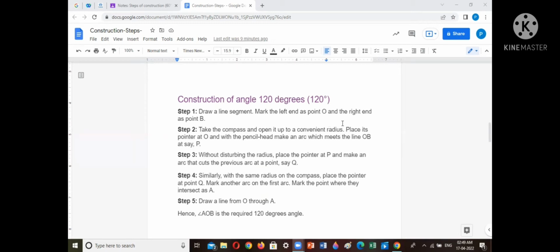Place its pointer at O and with the pencil head make an arc which meets the line OB at say P. Step 3 is that without disturbing the radius, place the pointer at P and make an arc that cuts the previous arc at a point, say Q. Similarly, with the same radius on the compass, place the pointer at point Q, mark another arc on the first arc, mark the point where they intersect as A, and draw a line from O through A. Hence, angle AOB is the required 120-degree angle.